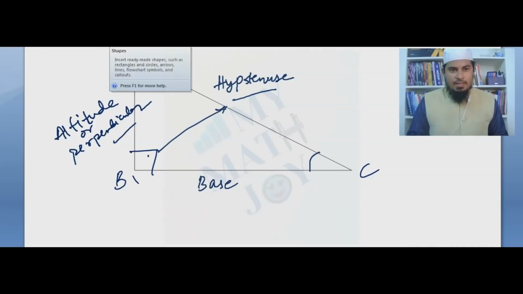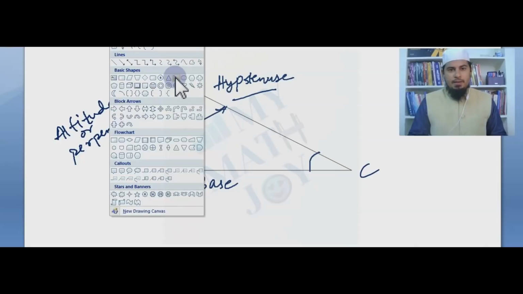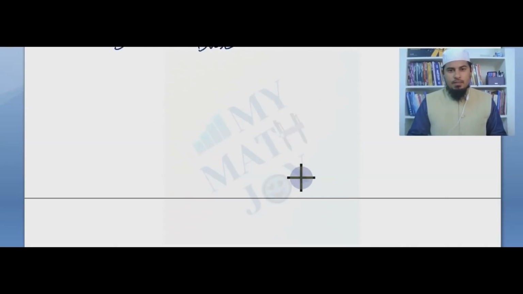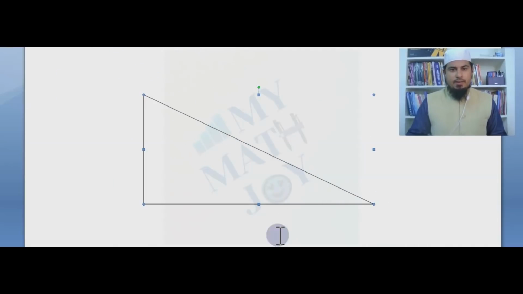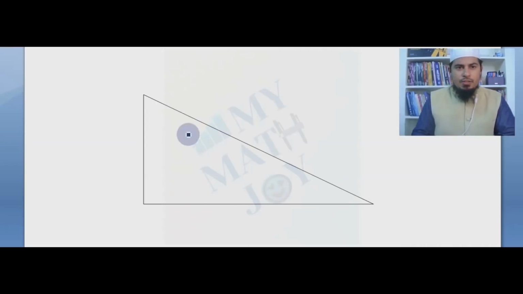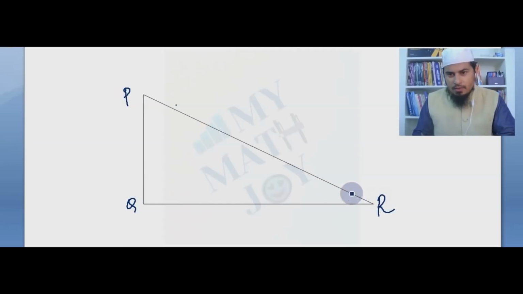Here comes a right angle triangle now. Again, the names we are taking. Let us take the triangle name PQR, and this is 90 degrees.